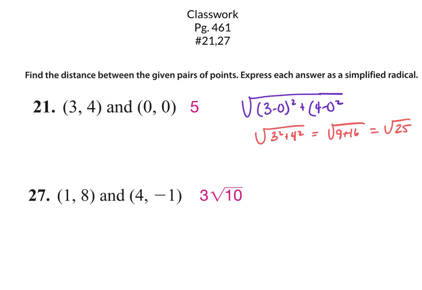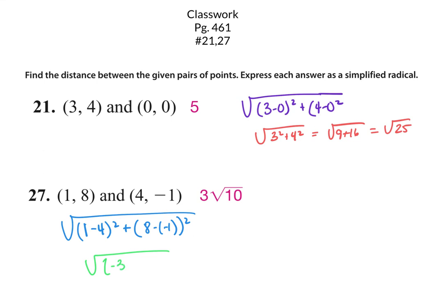For this one, you're going to subtract your x's. 1 minus 4 squared. Subtract your y's. 8 minus a negative 1 squared. 1 minus 4 is negative 3. 8 minus a negative 1 is 9.